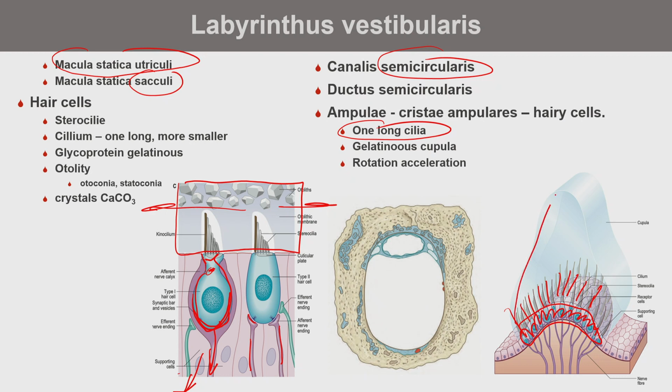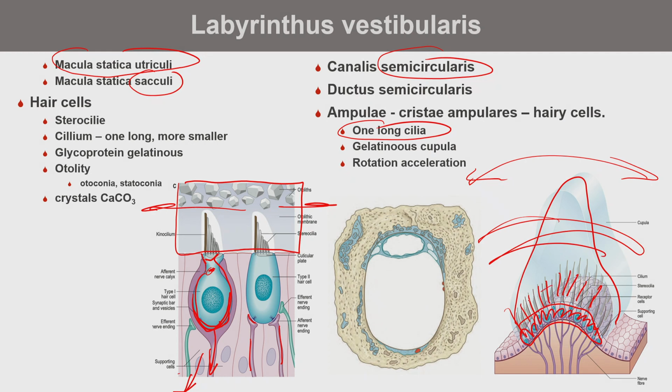And the gelatinous cupula, you can see how it looks, is not equipped with crystals. When the fluid in a semicircular channel is circulating, the cupula changes position, creating an electric potential in a cell, which is transmitted to the nerve fiber.